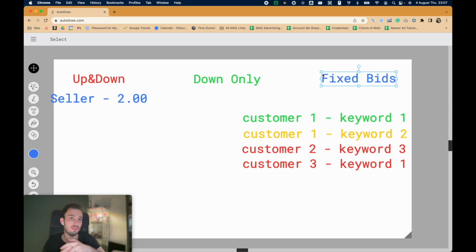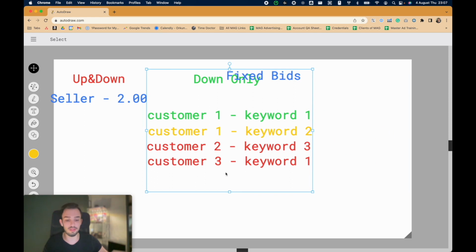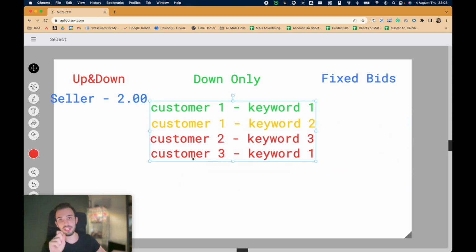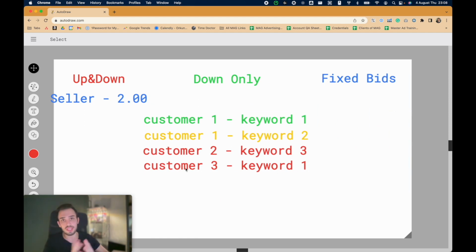The difference between those two is that even though they both work as down only, with fixed bids you are entering more auctions, meaning that you are getting more traffic, more clicks, and hopefully and probably more sales. With down only, the Amazon algorithm is choosing the customers by likelihood of sale for that keyword and customer relation, whether it's going to be a sale or not.